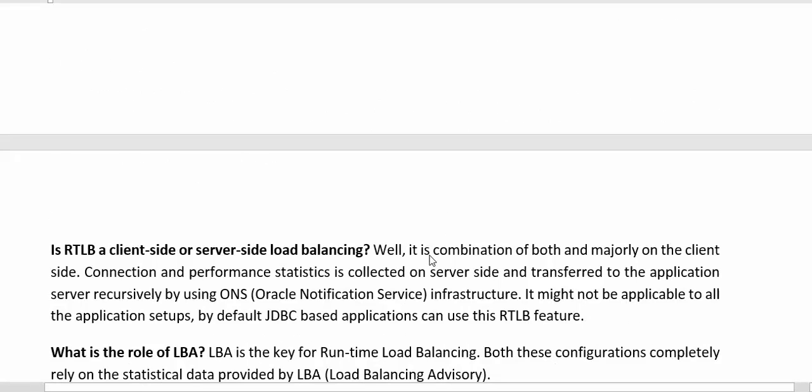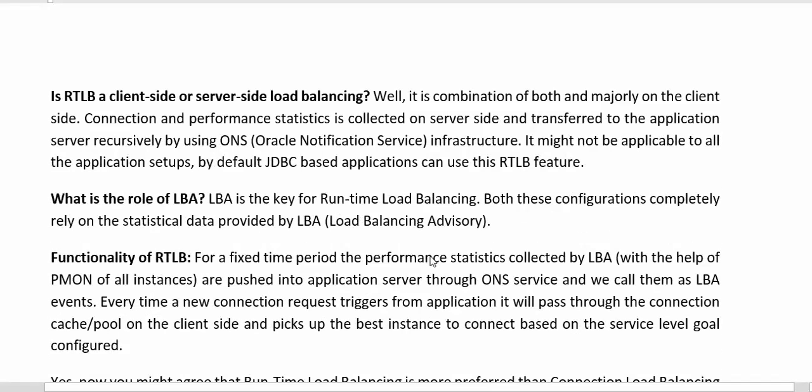Statistics gathered by the load balancing advisory on the server side are pushed periodically into the application server connection pool, and your application, before it tries to reach the network layer of the Oracle software, should be able to identify which instance has less load, so that it can route the connections to that instance through the network layer of Oracle.